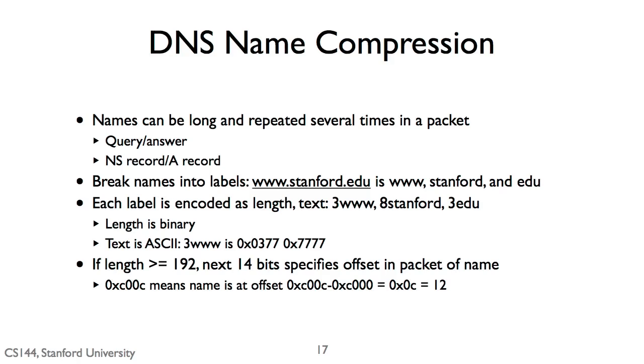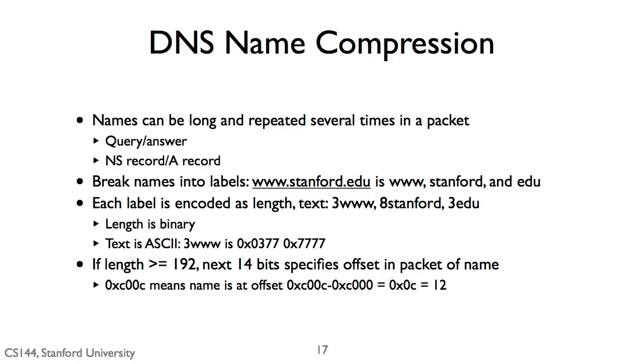So the first thing that DNS does is it breaks a name into separate labels related to the steps of the hierarchy. So www.stanford.edu is 3 separate labels: www, Stanford, and edu. Then each label is encoded as a length and then a text value. The length is in binary, so it's basically some number.